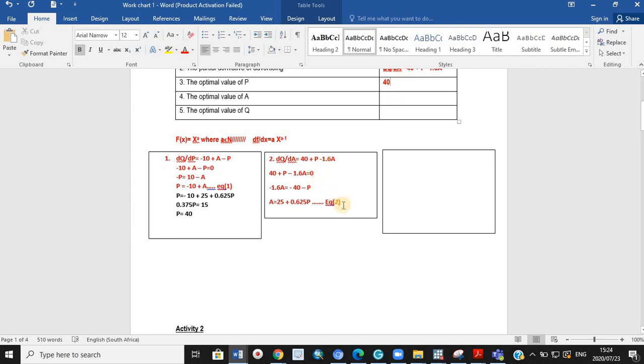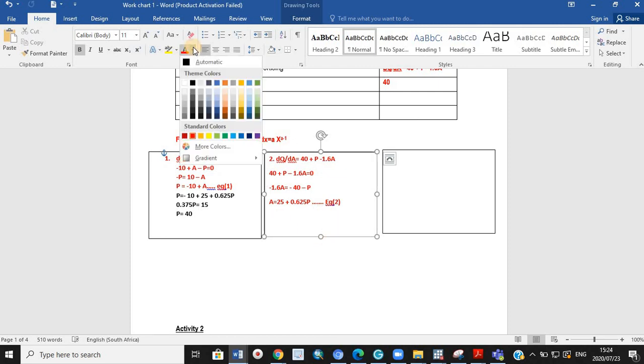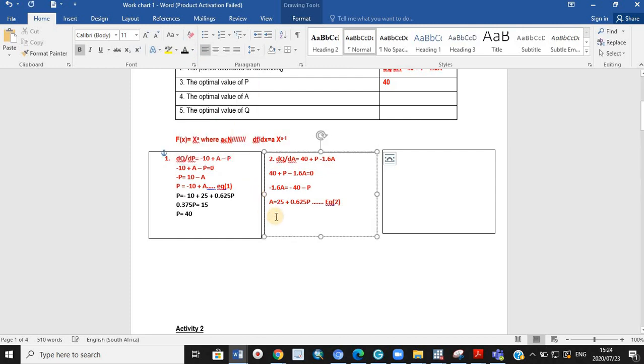Very good. So we will do the same here. Since we already know that p is 40, it's going to be way easier now, because we'll just take 40 and plug it in. We will say a is going to be equal to 25 plus 0.625 multiplying 40.